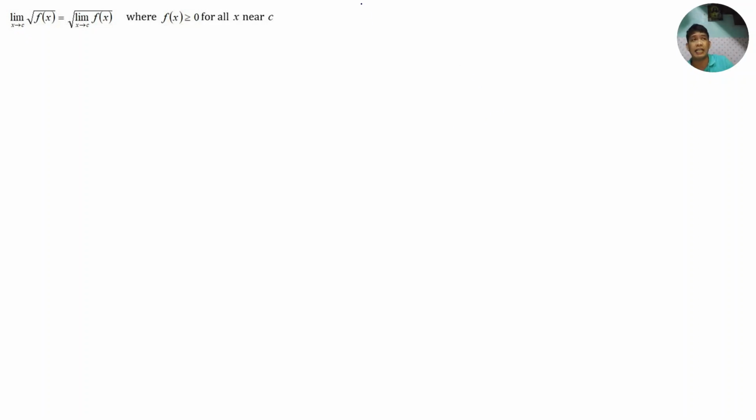So since radical is always associated with exponents, pwede nating i-extend ito as the limit of f of x as x approaches c to the n, that is equal to the limit of f of x as x approaches c, then tsaka ko siya i-raise sa n power.